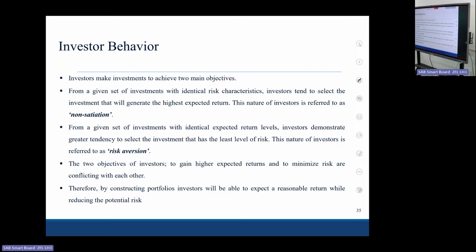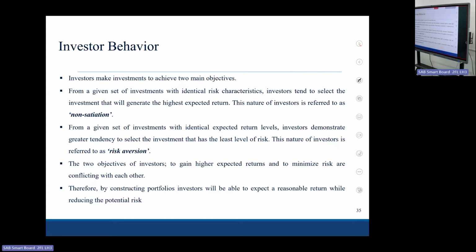Now you are given two stocks with attributes like this. Expected return, both are 10%. The standard deviation: X 12%, Y 15%. You are going to select one. Which one do you select, X or Y?